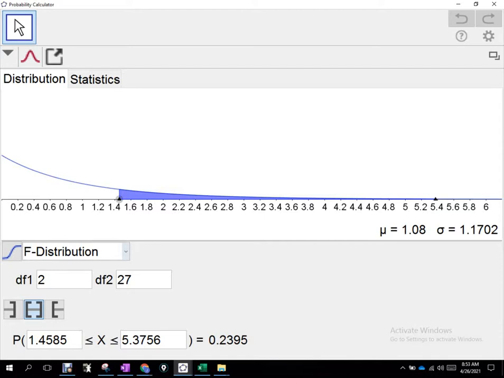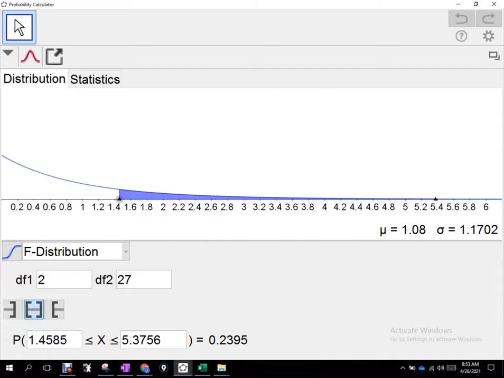We can use GeoGebra, or I prefer Excel. We'll find that F critical value, and if our F statistic that we just found falls to the right, that means we'll reject the null hypothesis. In this ANOVA testing, we're always going to be doing a right-tailed test.